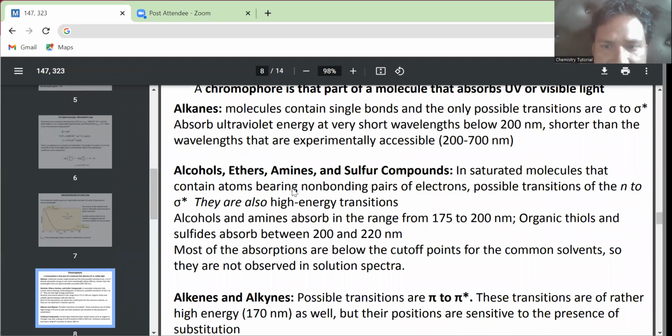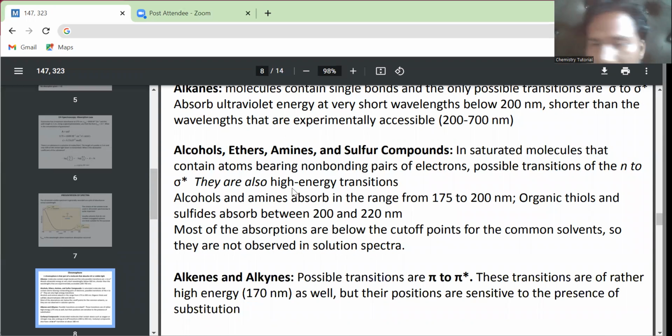Alcohols, ethers, amines, and sulfur compounds are saturated molecules that contain non-bonding pairs of electrons, with a possible transition of non-bonding to sigma star. They are also high energy transitions. Alcohols and amines absorb in the range of 175 to 200 nm. Organic thiols and sulfides absorb between 200 and 220 nm. Most of the absorptions are below the cutoff points for the common solvents, so they are not observed in the solution spectrum.